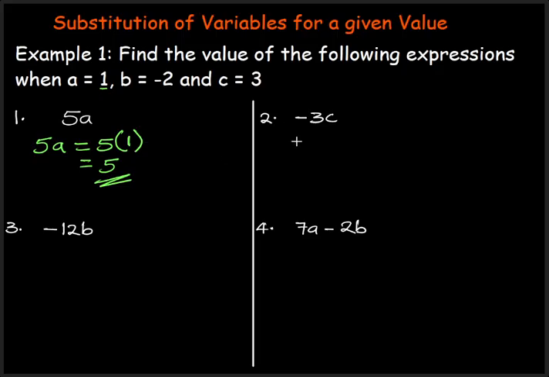Go to number 2. Minus 3c will be equal to minus 3 bracket c. Our c is what? 3. So what will this give us? Minus 3 times plus 3, that will give us minus 9.